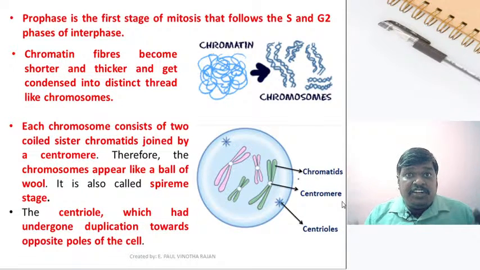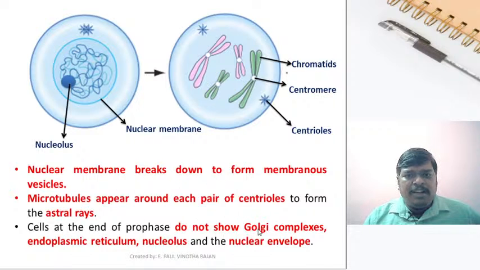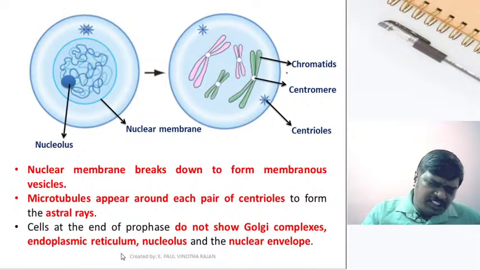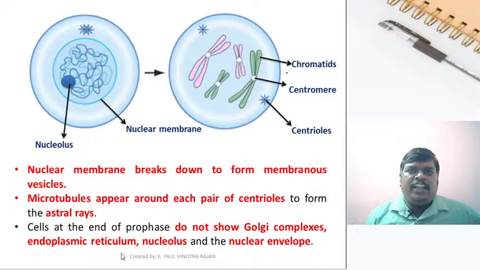At the side of the centromere, two kinetochores are formed. The nucleolus, nuclear membrane, Golgi complex and endoplasmic reticulum all disappear at the end of prophase. And the centrioles start producing astral rays or spindle fibers. That is what is happening in prophase.